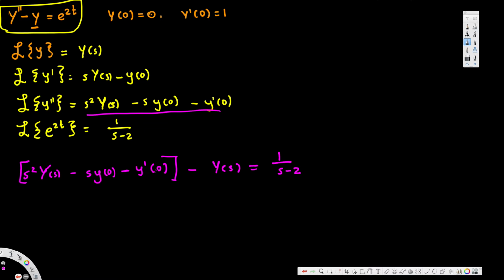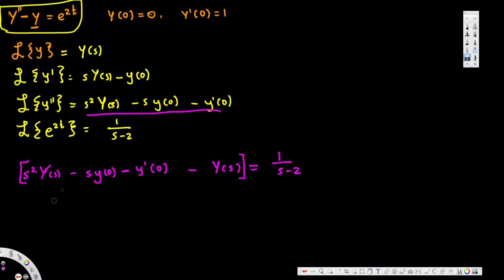Here we can just get rid of this bracket, because it's unnecessary and not going to affect anything since there's no multiplication. And here we can take y of s common, but before we do that, let's plug in the values.